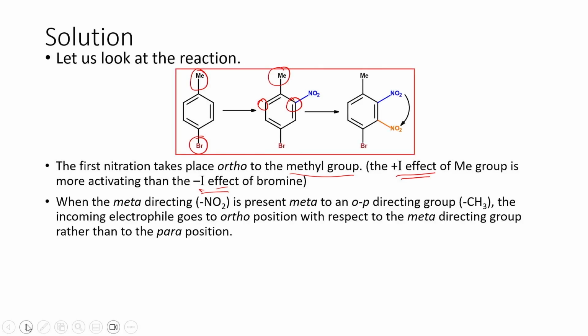Here the most challenging thing for us to understand is that whenever a nitro group is present, it will deactivate the aromatic ring. In other words, the electron density at certain places becomes less compared to the others, because depletion of electron density is more pronounced than increase of electron density. So when a nitro group is present, we always look for the carbon which is less affected compared to the more affected carbon.